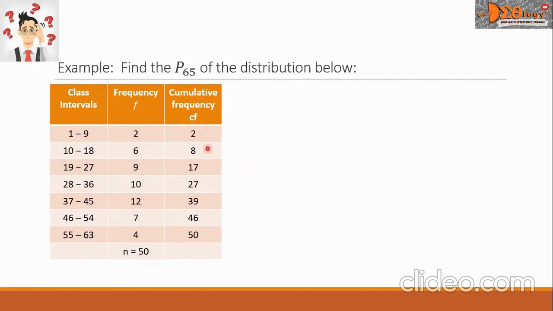So we write here 8. 8 plus 9 is 17. 17 plus 10 equals 27. 27 plus 12 equals 39. 39 plus 7 equals 46. 46 plus 4 equals 50. The last number here must be equal to the total number of frequency.